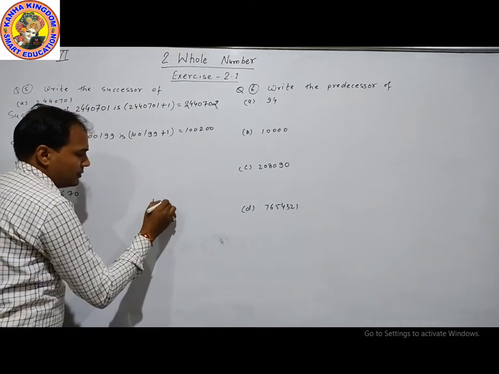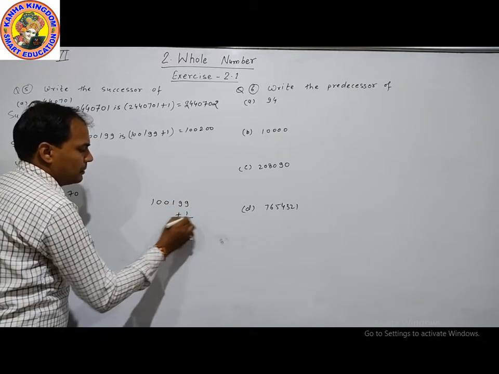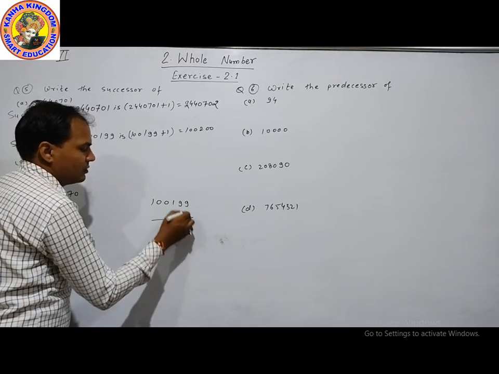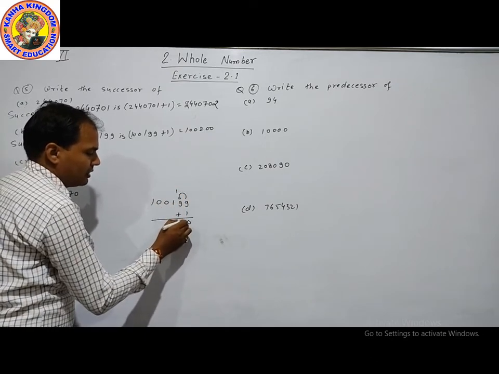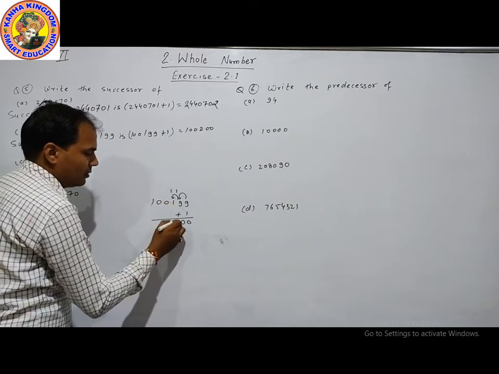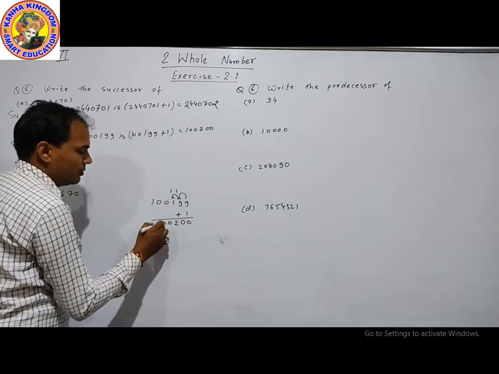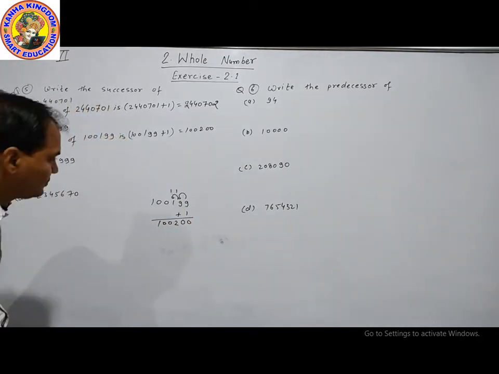See there, 199 plus 1: 9 plus 1 is 10, carry 1, 1 plus 1 is 2. So 1,00,200 is our answer.